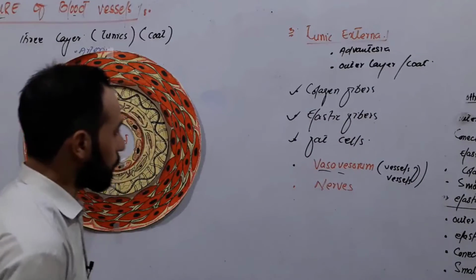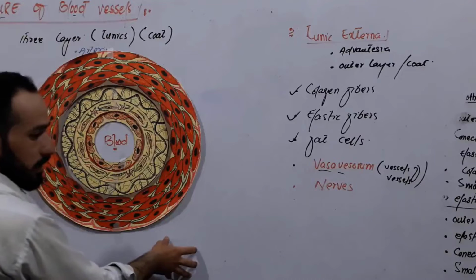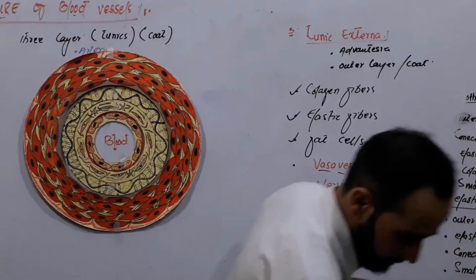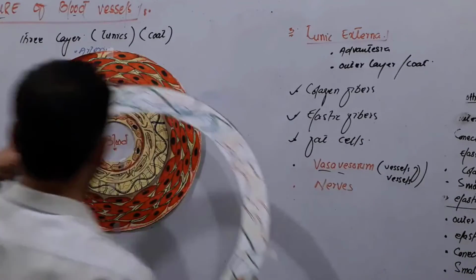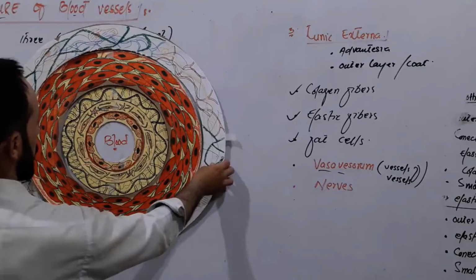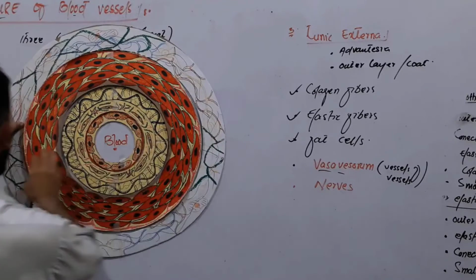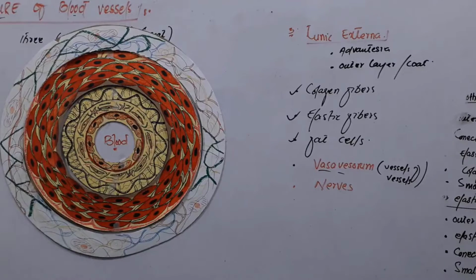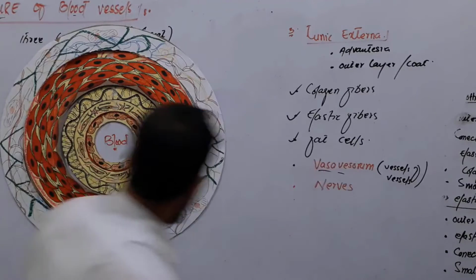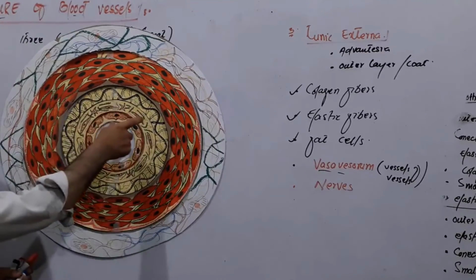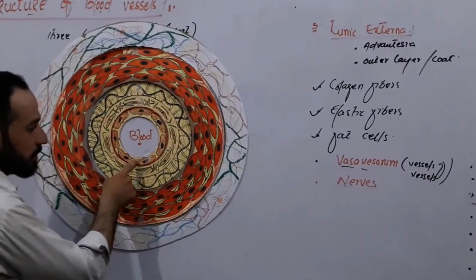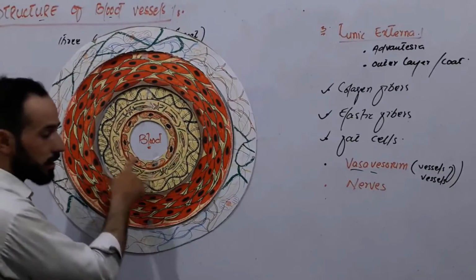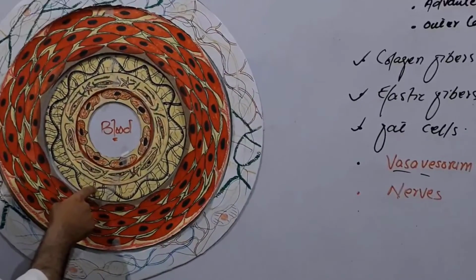Whenever I put that tunica externa here, I will tell you about the vessels of vessels, what it means, right? Now let me put this tunica externa. This is our tunica externa. Okay, I hope you get something from this layer also. Now look carefully. Tunica interna is made up of 4 sublayers. Yes, endothelium, basement membrane, subendothelial layer, and this inner elastic lamina.